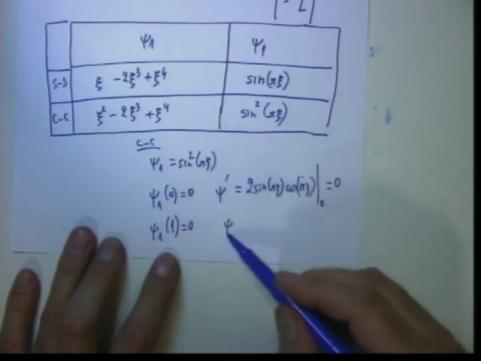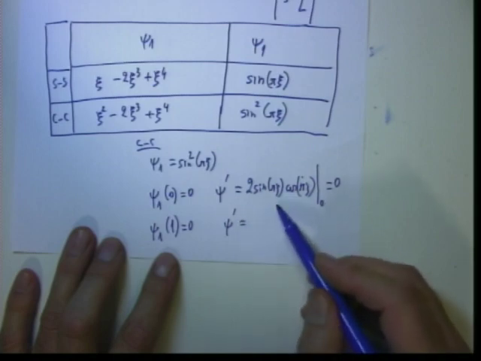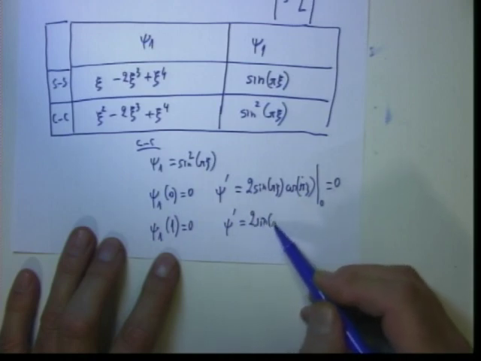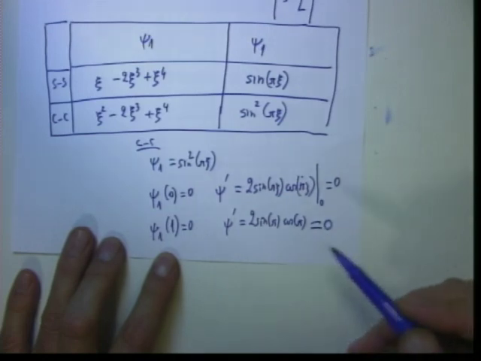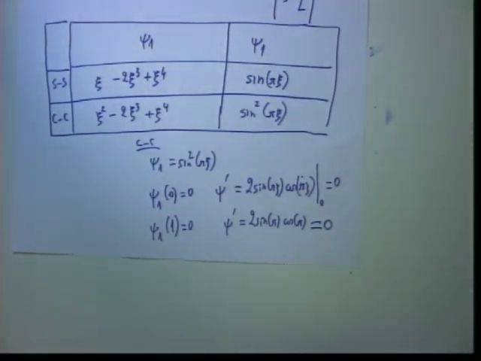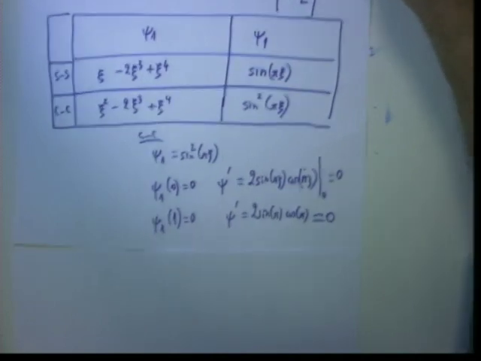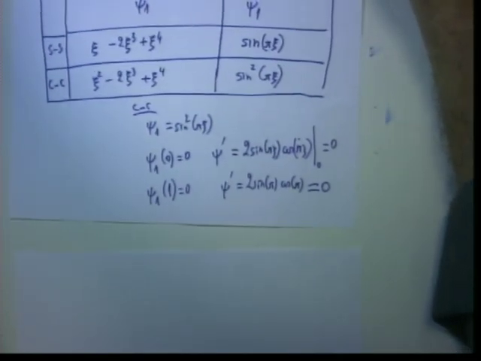And the first derivative also equals 0 because there is this sine pi, 2 times sine pi cosine pi. So that also equals 0. Okay, so we found this.